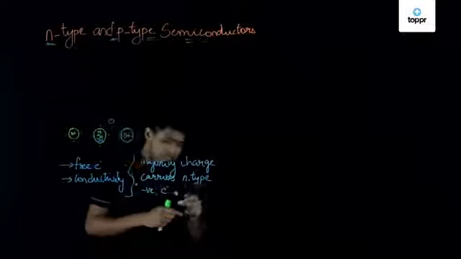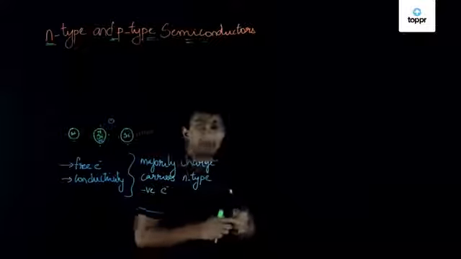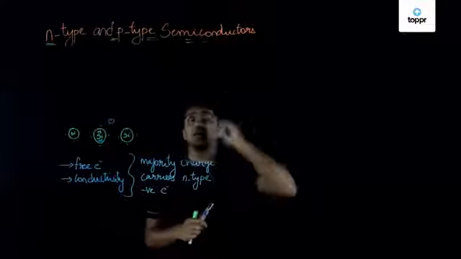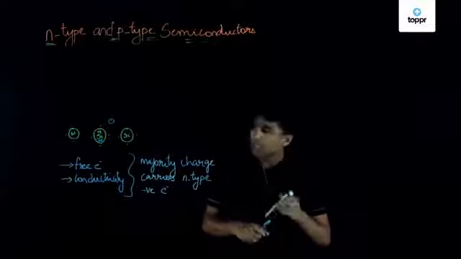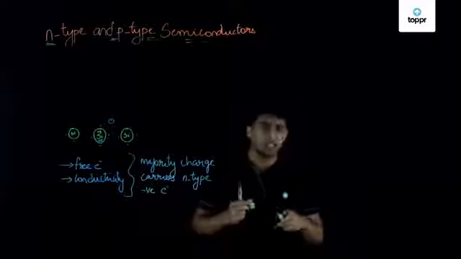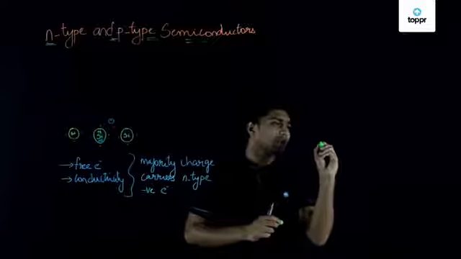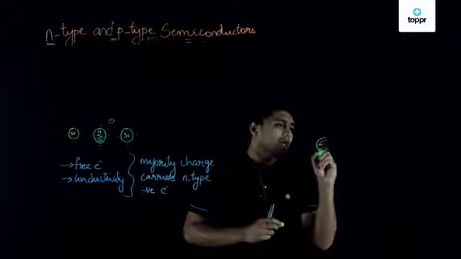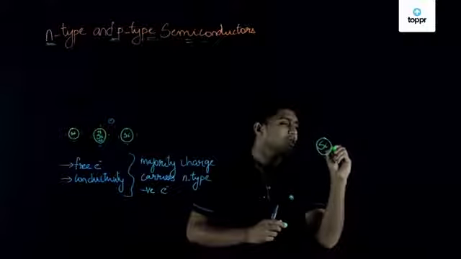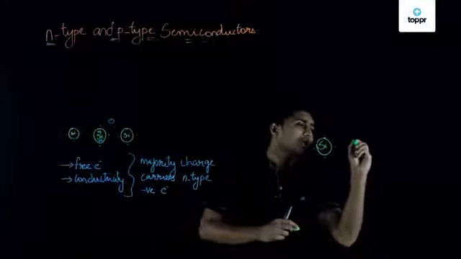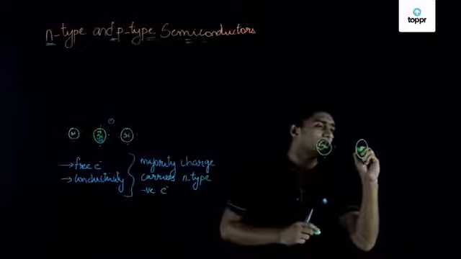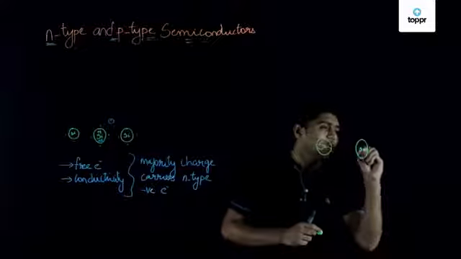Now when we consider the P-type semiconductor, there also I am going to take the same silicon crystalline structure, where we have a silicon atom with 4 electrons in its outer shell, and when it becomes a crystalline structure, we have many silicon atoms.